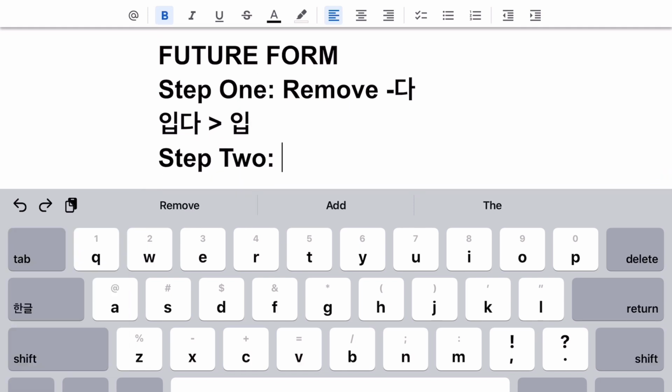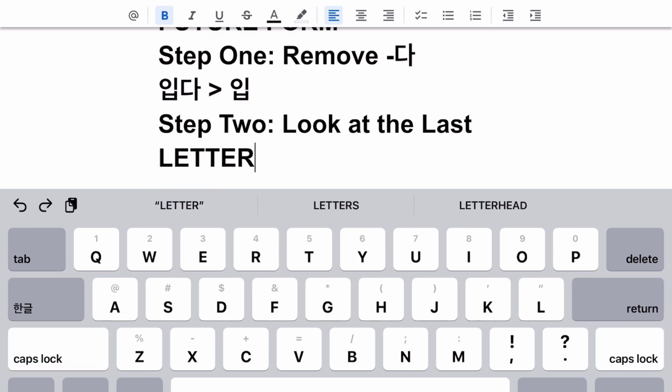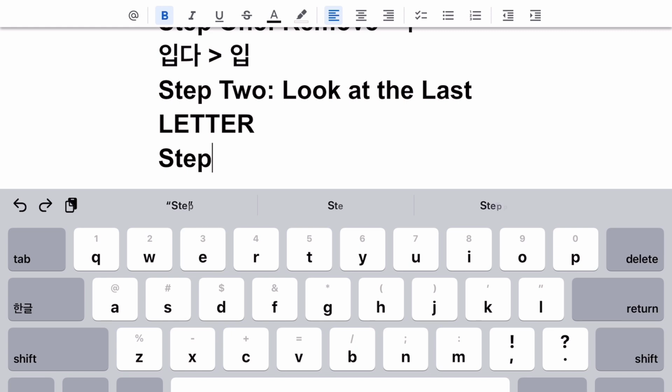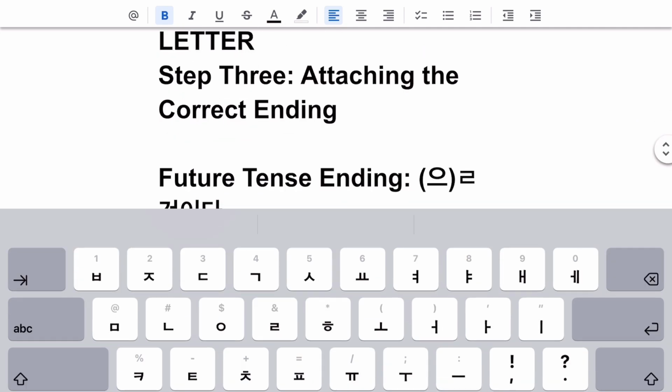Now, from the verb stem, the second step usually in conjugating is to look at the last letter. In this one in particular, we're just going to look at the letter, not the vowel but the last letter. And then our step 3 is going to consist of attaching the correct ending.